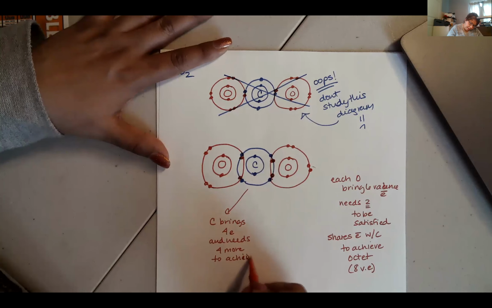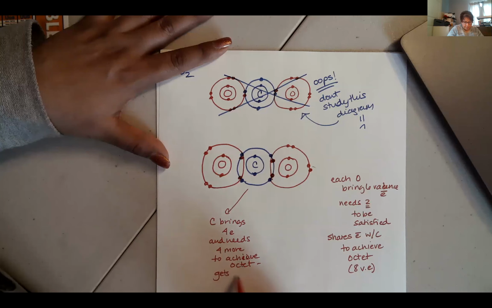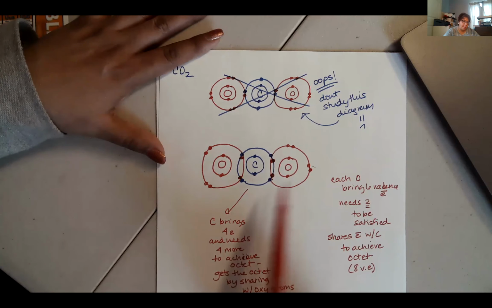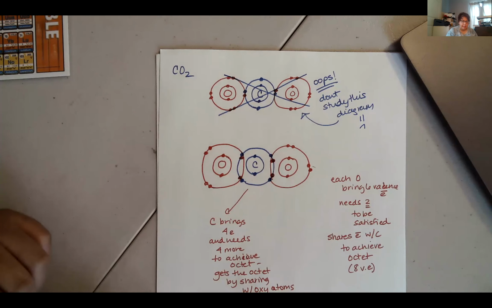And it does so by sharing with each oxygen atom. So if you look at carbon in its outermost shell, it has its own 4, and then it's using the 4 that the 2 oxygens brought to get its 2, 4, 6, 8. And so now everybody in this diagram is happy.